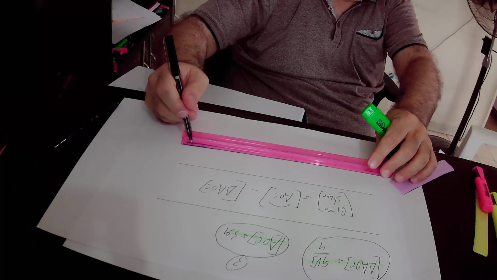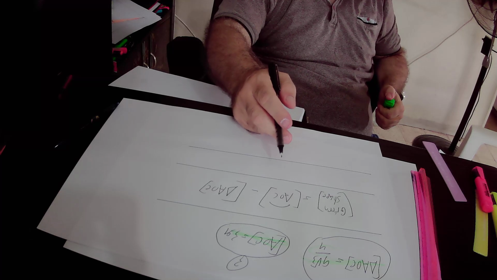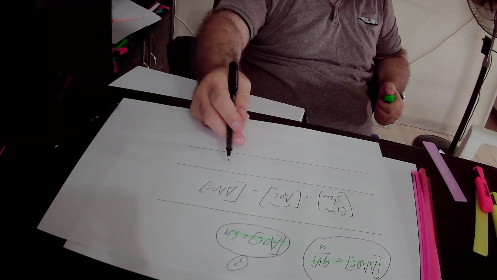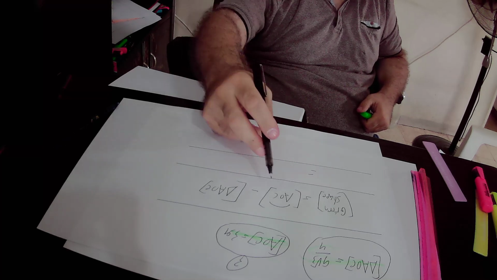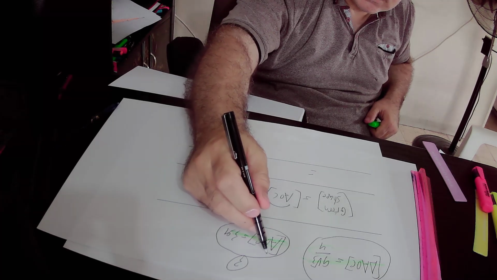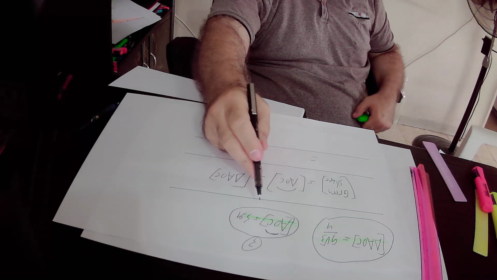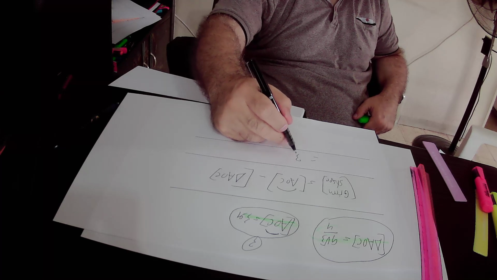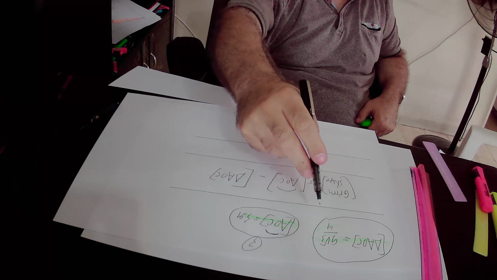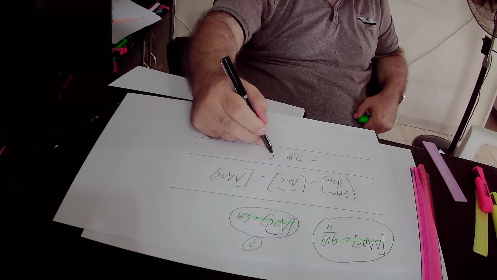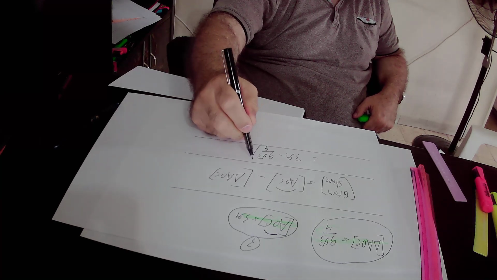I repeat again, the area of the green shape equals the area of sector AOC minus the area of triangle AOC. We have already found out that the area of sector AOC equals 3 pi square units, and the area of triangle AOC equals 9 times square root of 3 over 4 square units.